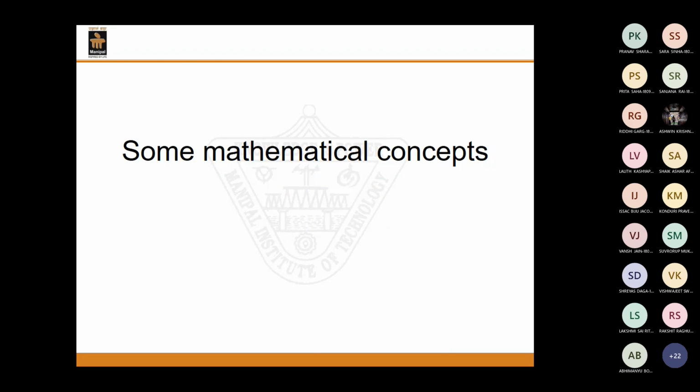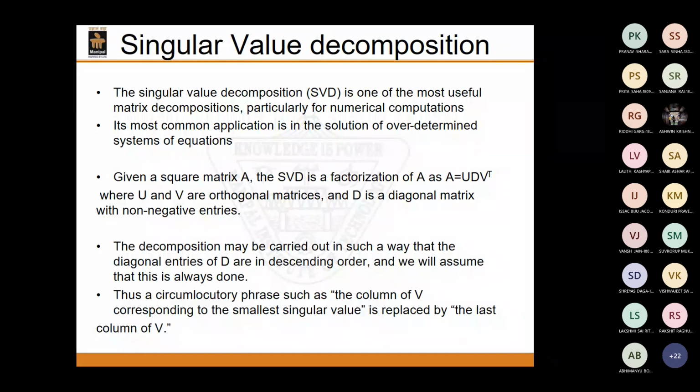Before that, there are some mathematical concepts and a bit of a recap that needs to be done from some of the previous topics that we have discussed. So here we'll just quickly go through how singular value decomposition can be used. Let's say you're given a square matrix A. When you apply a singular value decomposition, you're trying to factorize the matrix A by writing it as U D V transpose, where U and V are orthogonal matrices and D is a diagonal matrix.